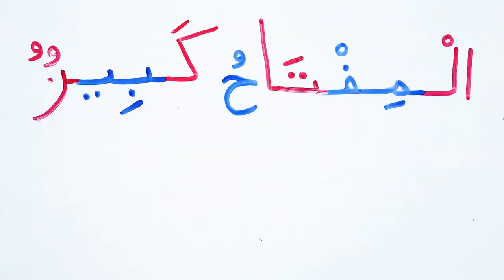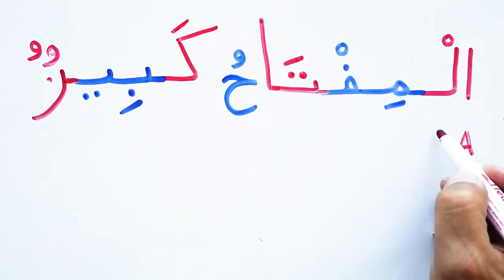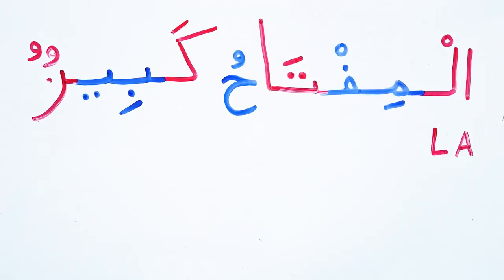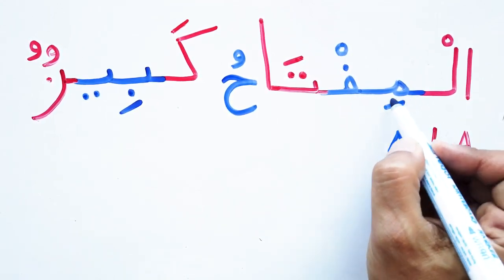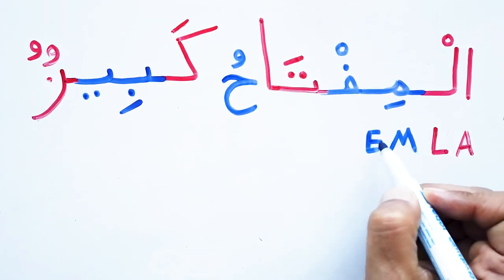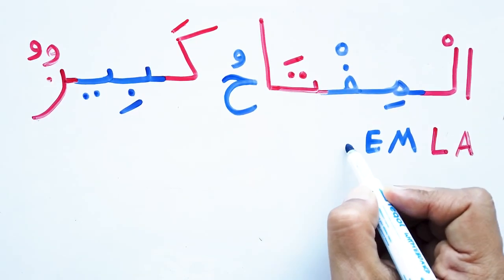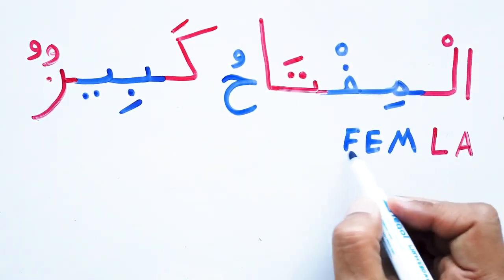So let's add the letters in English. A. L. That one sounds like L. Mi. Sounds like M. We have here kasra. It sounds like I or E. Mi. And then we have F. The sound of F. We must pause here. Mif.